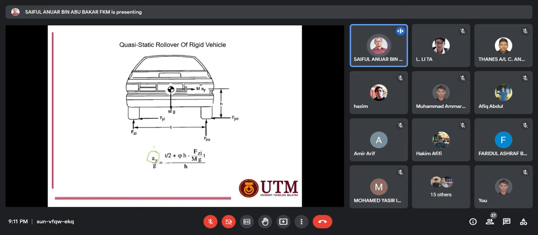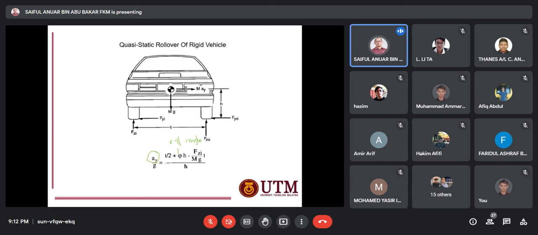Let's say this one is the roll angle, in radians. If you want a high lateral acceleration, this roll angle term needs to be very small.